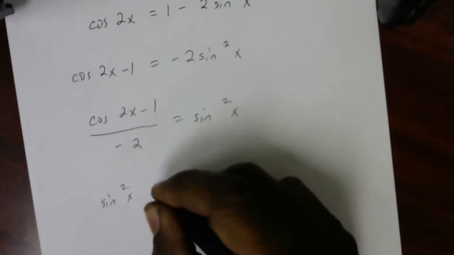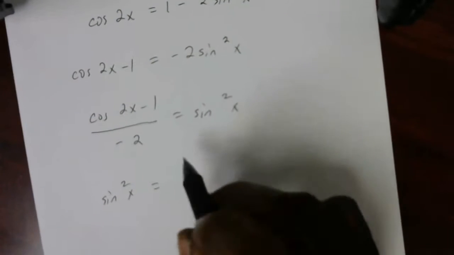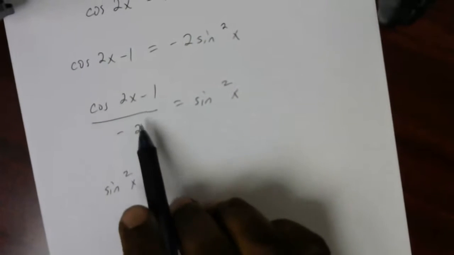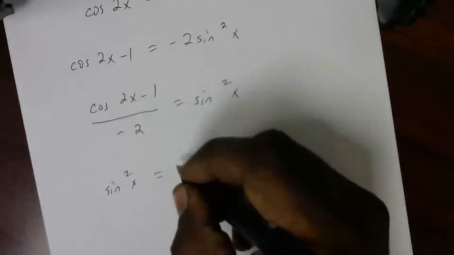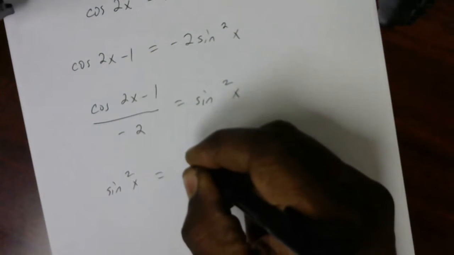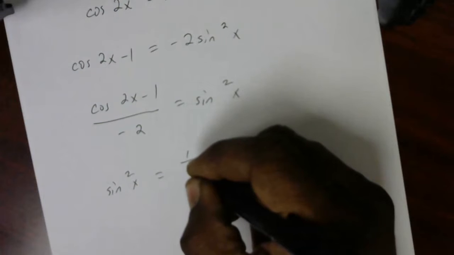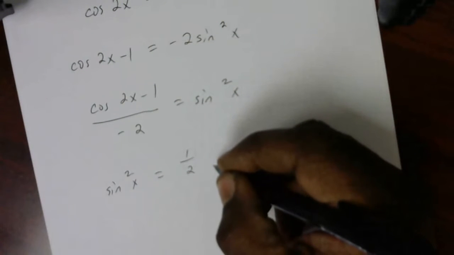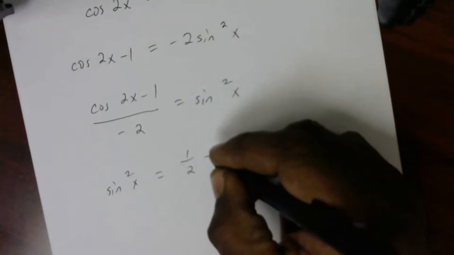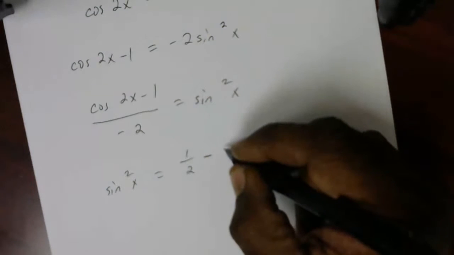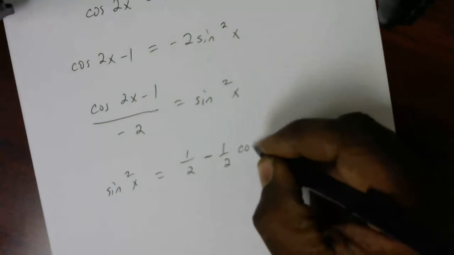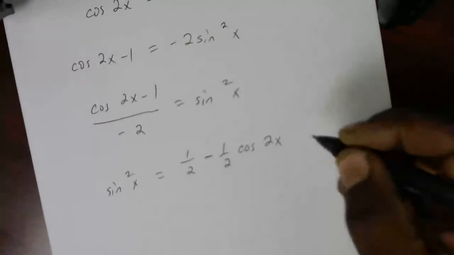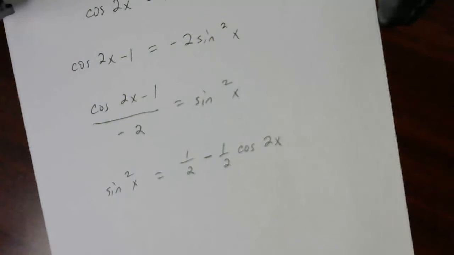I'll just put this extra step in. So sine squared x is equal to, and I'm going to rewrite my denominator as a positive, so I'm going to rewrite this as 1/2 minus 1/2 cosine 2x.